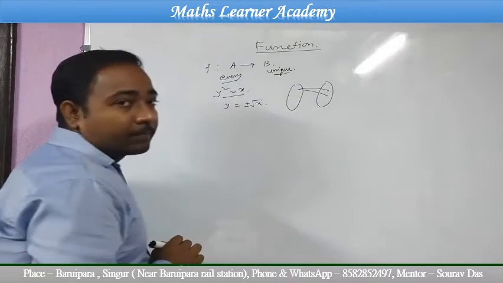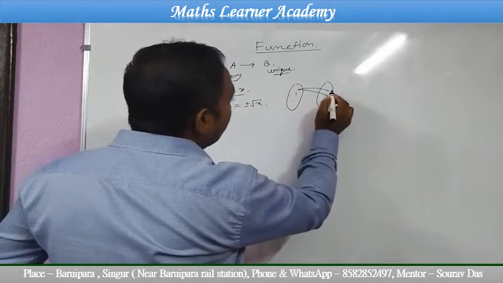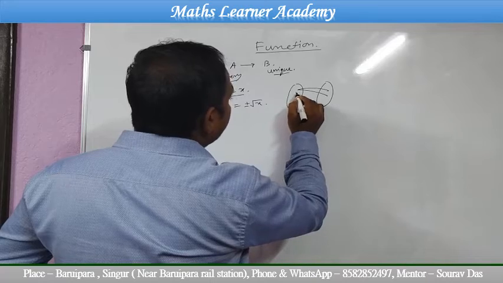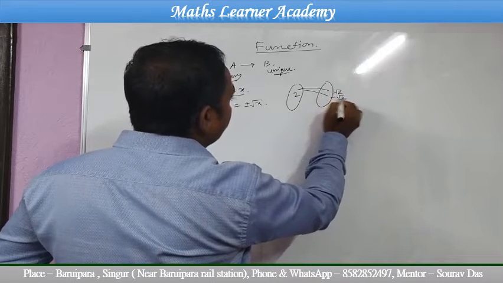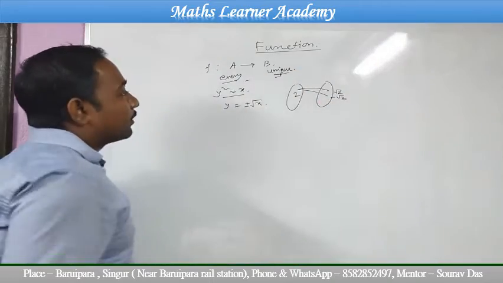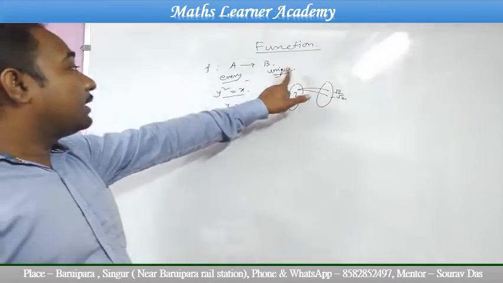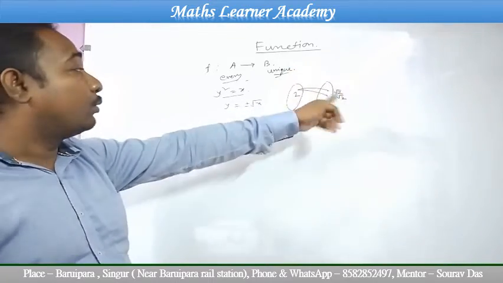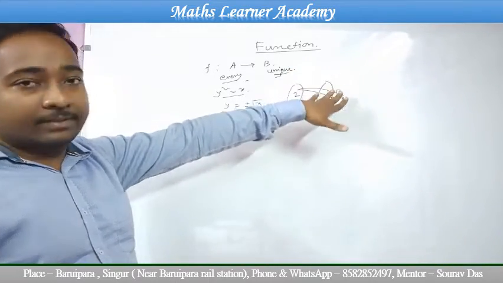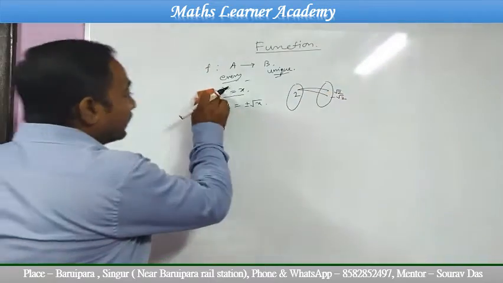For one input, it has two outputs. Suppose I take 2 here. So it has output root 2 and minus root 2. According to this definition, it is not a function because I am saying the output should be unique. But this is not unique. This 2 is assigned with 2 points. So that's why it is not a function, right?